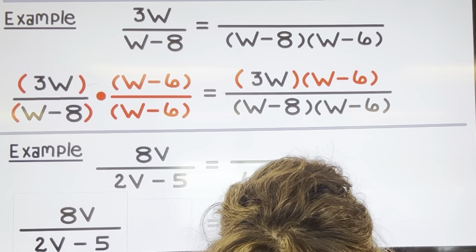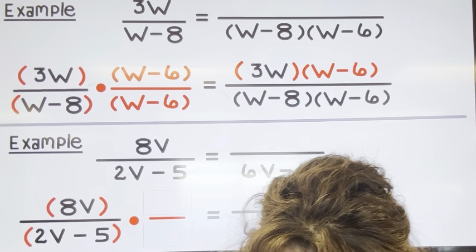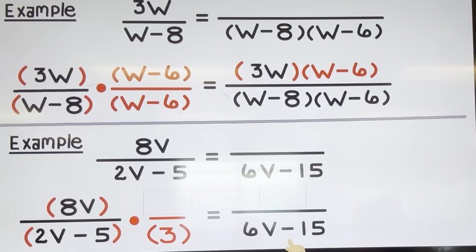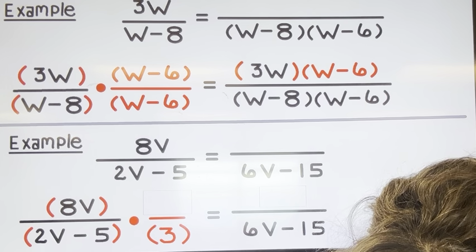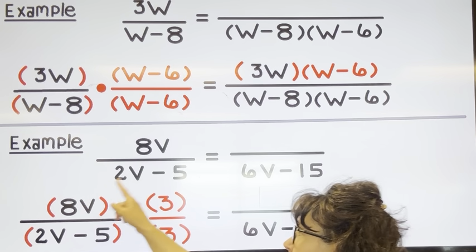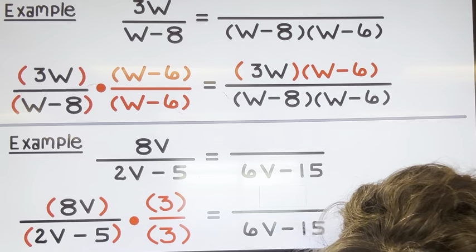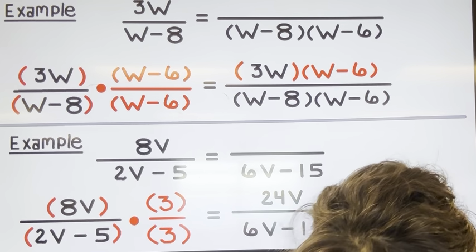So what we're going to do is multiply the denominator by 3 to turn it into 6v minus 15. But what I do to the bottom, I do to the top. So 8v multiplied by 3, 3 times 8 times v is 24v.